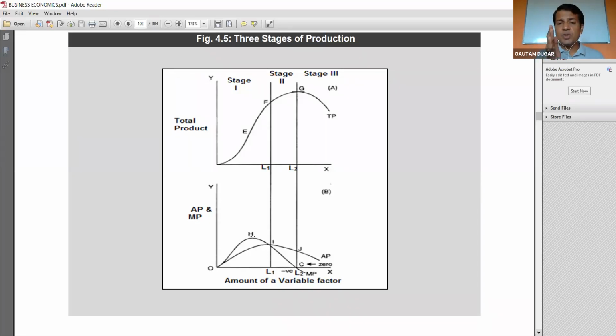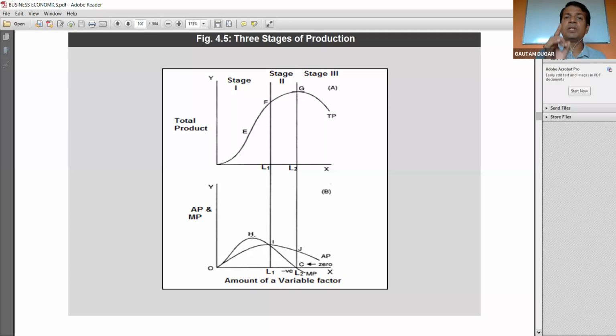So the first stage will end at the point L1. At that point, AP was increasing all throughout, but MP has started falling. MP reached its highest point at the point H. Focus on the diagram because you'll be able to solve a number of MCQs for this portion. MP started falling, but MP will cut AP at the highest point of AP.